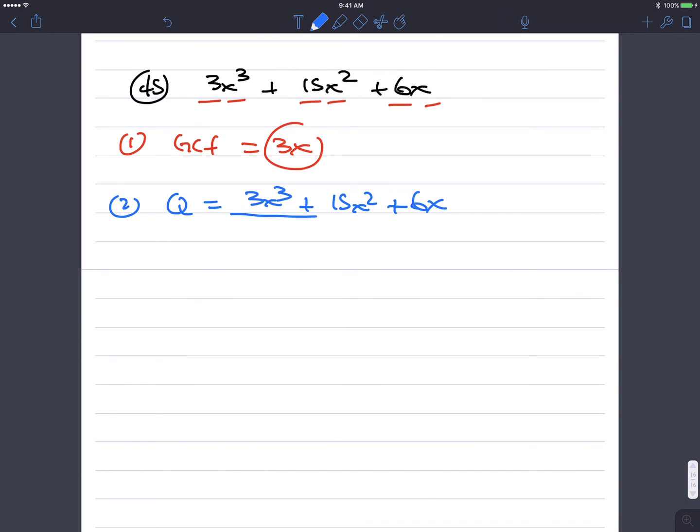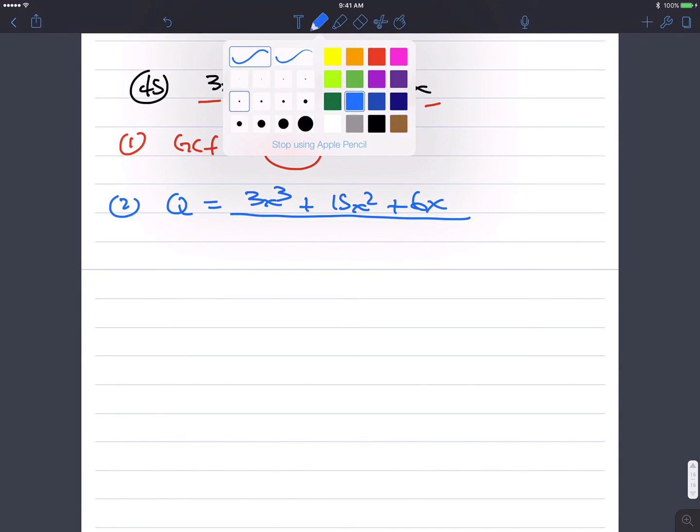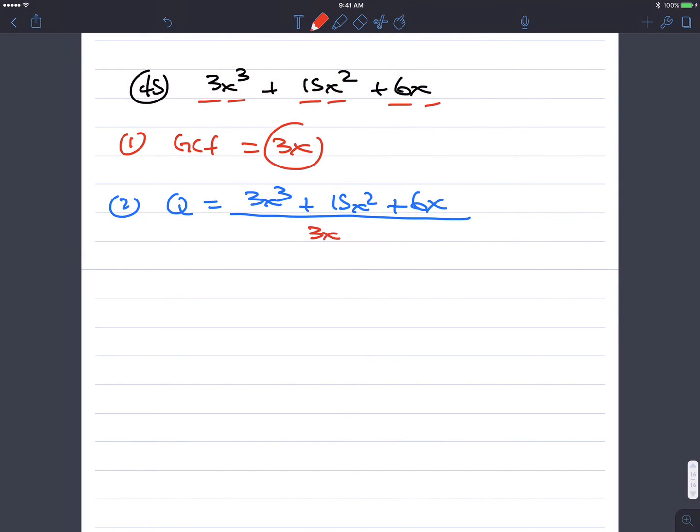Okay, don't forget all three terms we divide by the GCF of 3x. 3x cubed over 3x, 15x squared over 3x, 6x over 3x. So 3 divided by 3 is 1.